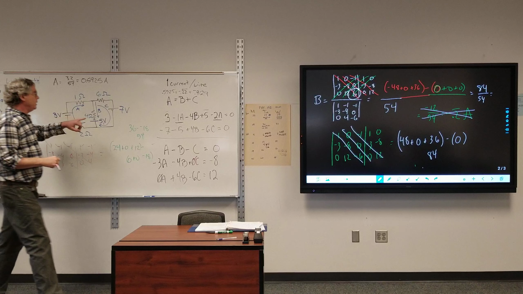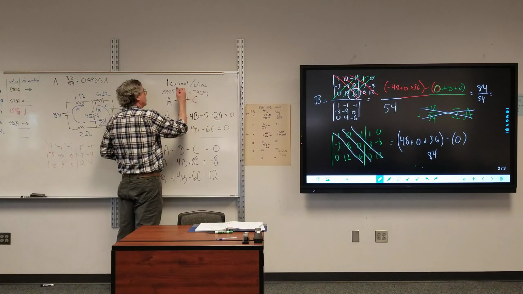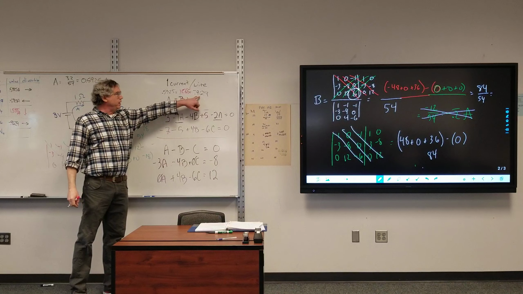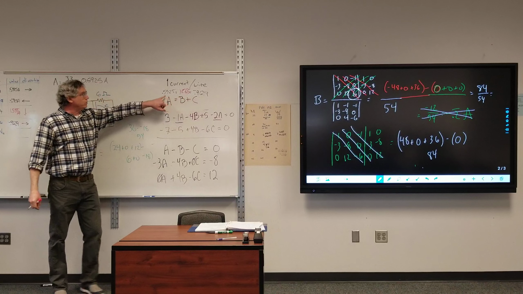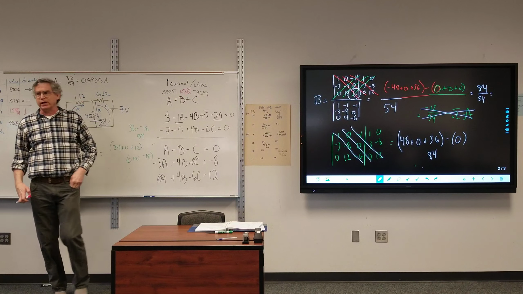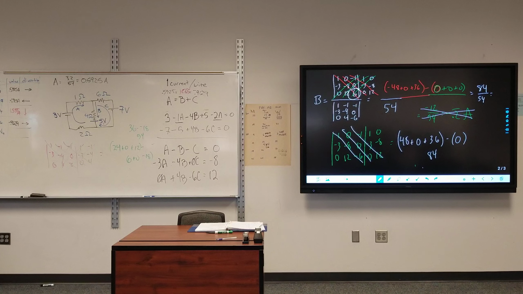All right, so B, 1.555. And is 1.555 minus 0.9629 close enough to this? We gotta check. It feels good when that works.